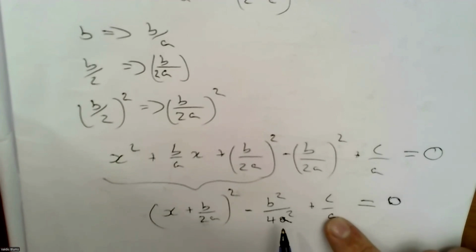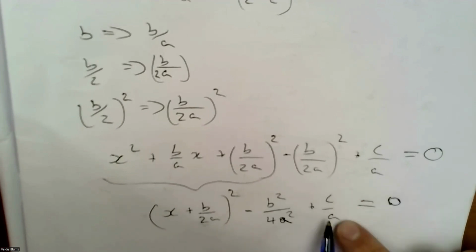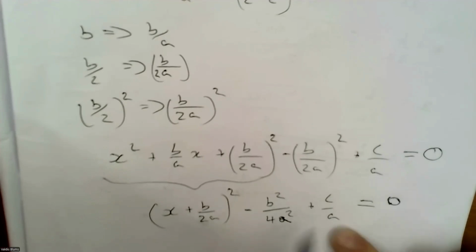Now, to scale this to a common denominator, we could cross multiply, or we could just scale this one to have a denominator of 4a squared. So if we were to times both the numerator and denominator by 4a, that'll get us there.